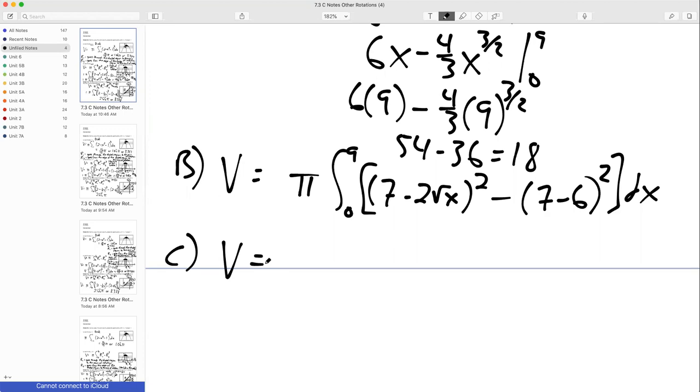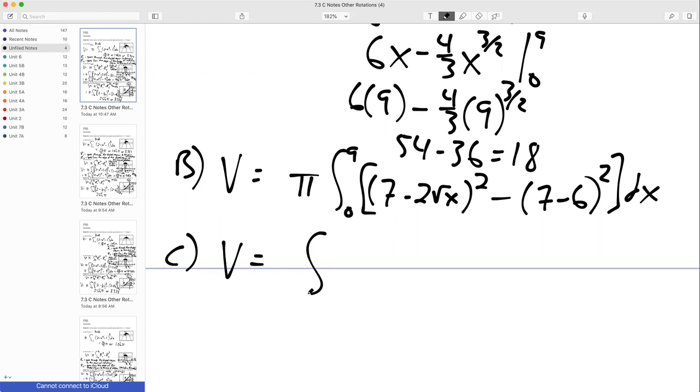Okay. So there is no pi because the cross section is a rectangle. You only have pi with discs and washers, or if the cross section were a circle or semicircle. Also, since the base is perpendicular to the y-axis, I'm going to be integrating with respect to y.